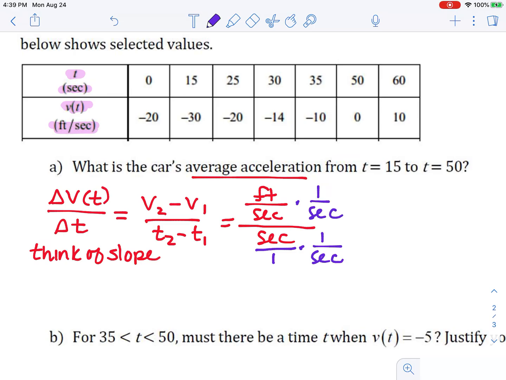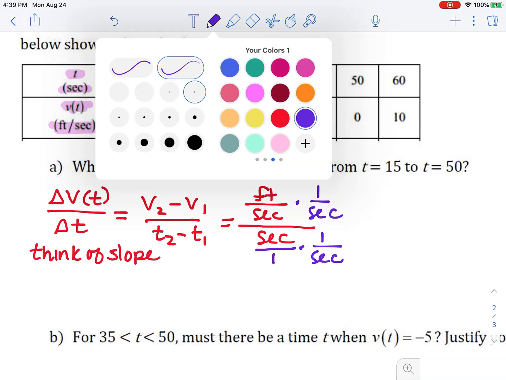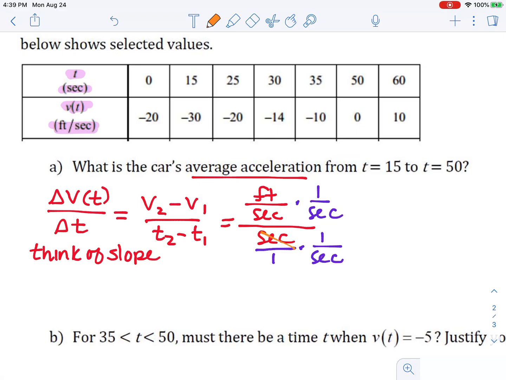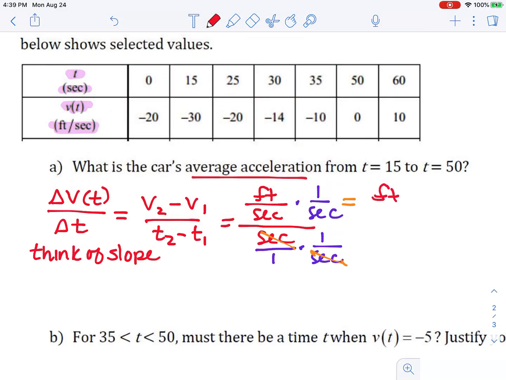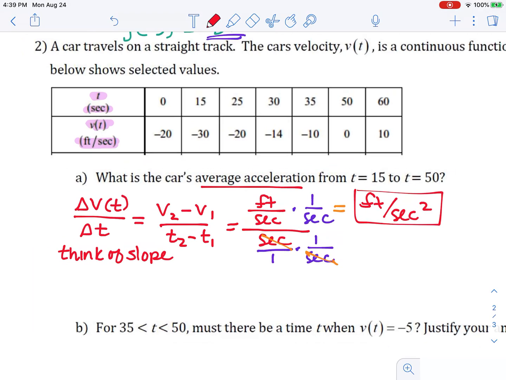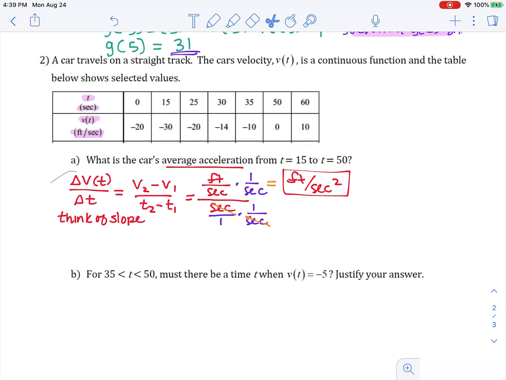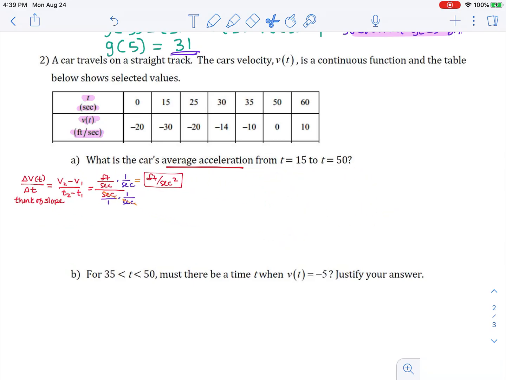That makes these ones cancel. However, up top there, we end up getting in the end feet per second squared. There we go.